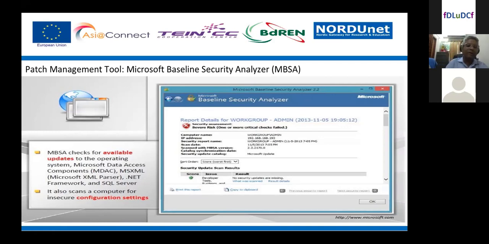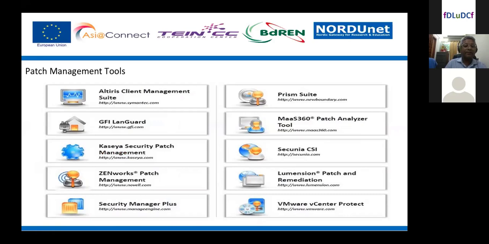It is recommended that you please check your security settings, and then you will find something where you kept the default setting. So this is a very good tool for security checking. There are also a few other patch management tools, so you can check with these as well.